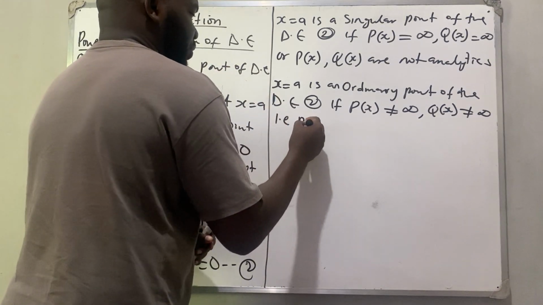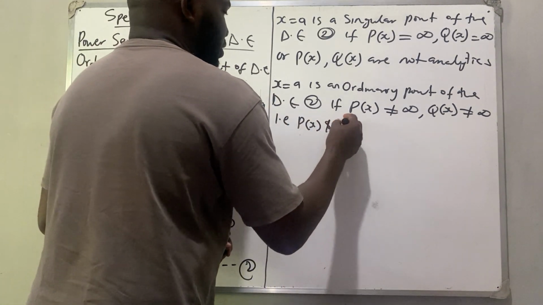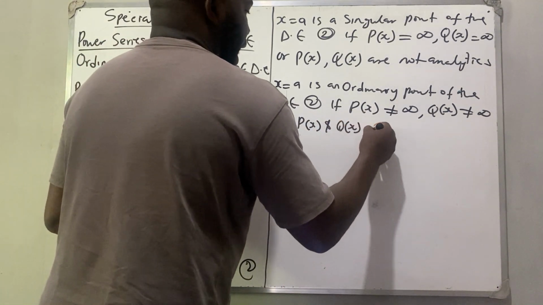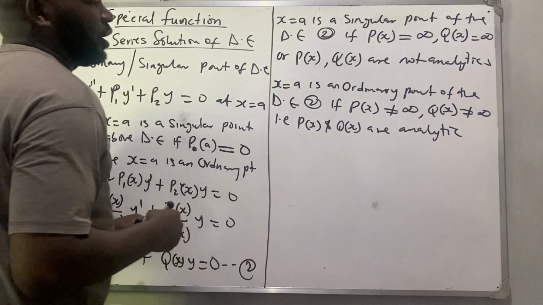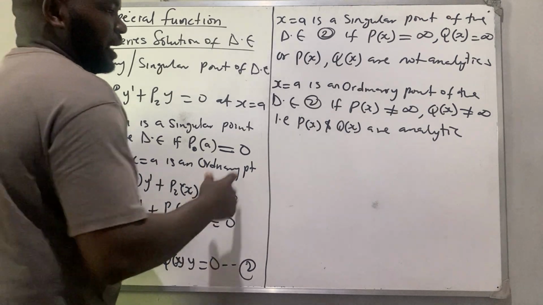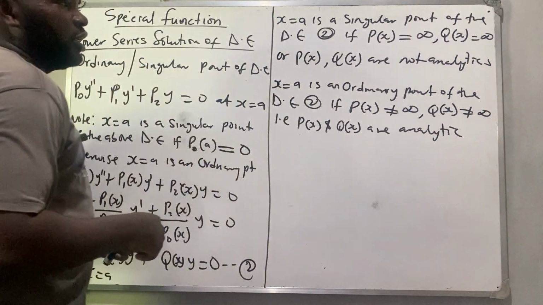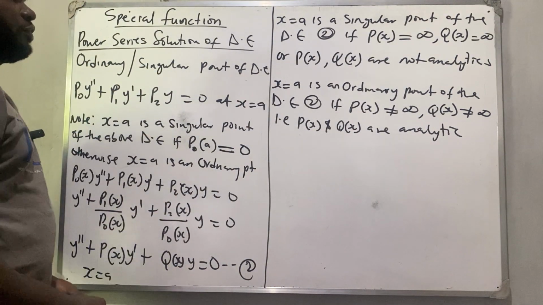That is, p of x and q of x are analytic. Okay? So if they are analytic, we will now say that x equal to a is an ordinary point of the differential equation.